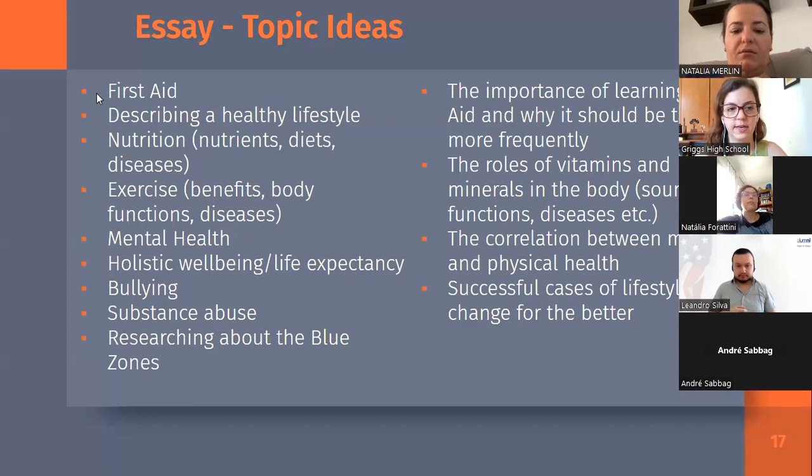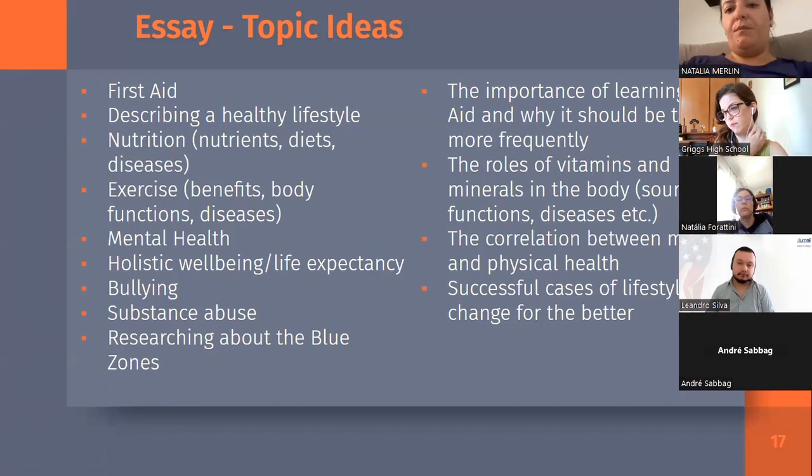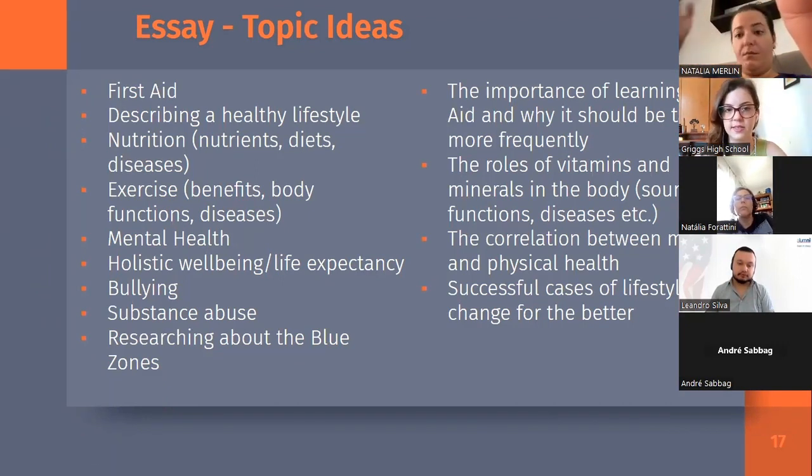So like first aid, describing a healthy lifestyle, nutrition, exercise, mental health, holistic well-being, life expectancy, bullying, substance abuse, researching about the blue zones. I use this topic a lot, the blue zones. Are you familiar with the blue zones? The blue zones are 5 places around the world that have the highest life expectancy.